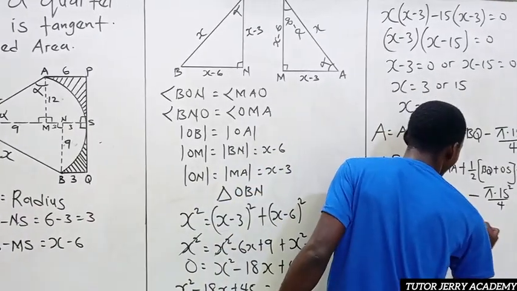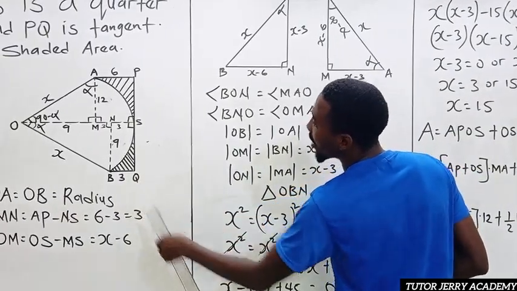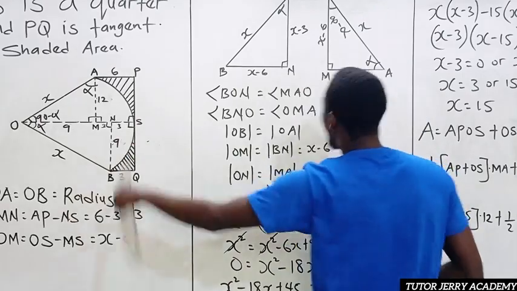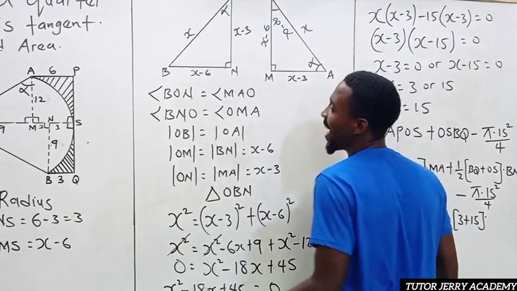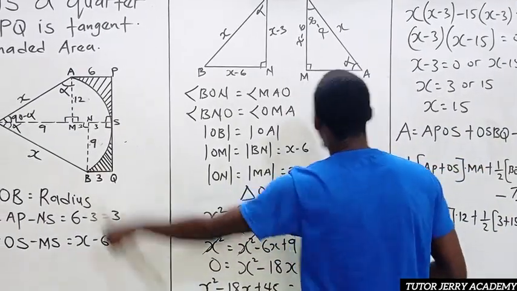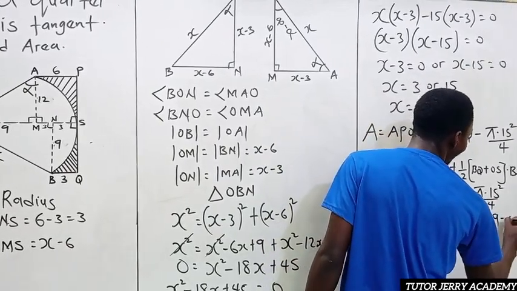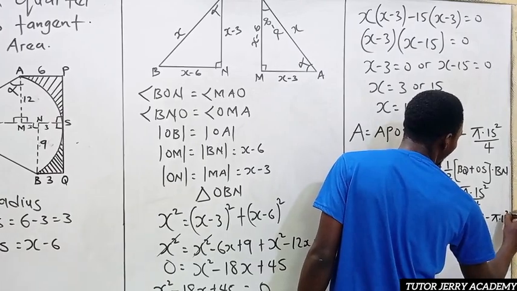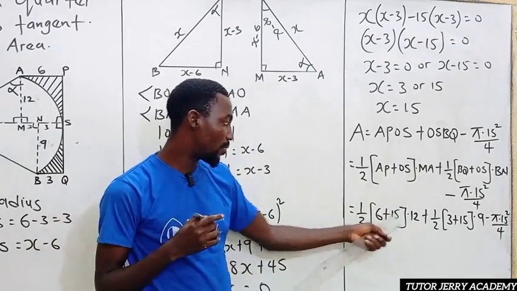BQ is 3, plus OS, which is 15. So multiply by BN. BN is 9. So minus pi multiplied by 15 squared all over 4.